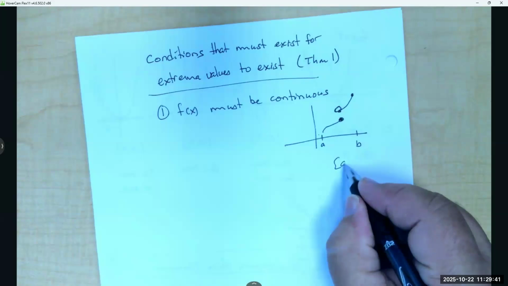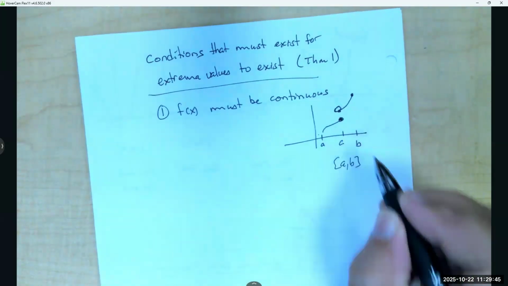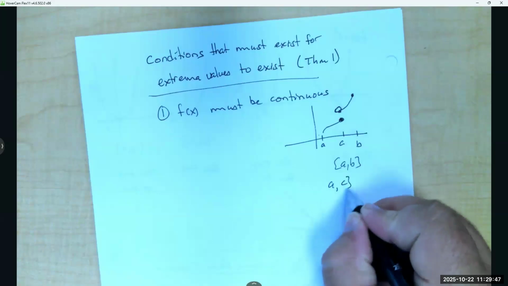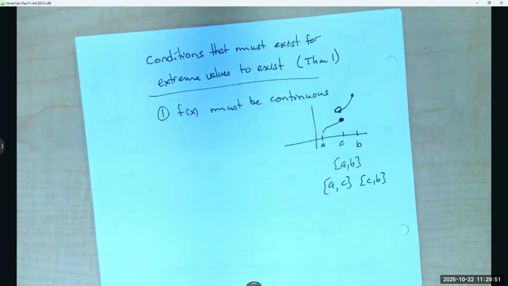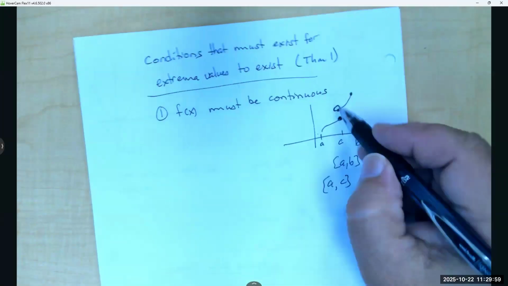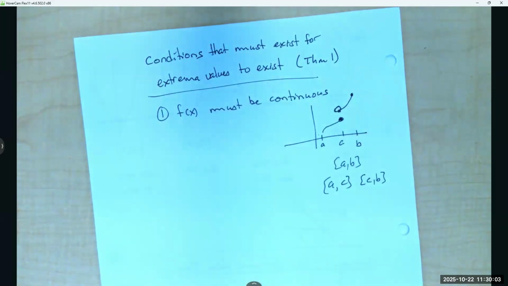Our interval is no longer A and B. Our interval is now A to C and C to B. Now we have maximums and minimums. So the function has to be continuous. If it's not continuous, then we cannot be sure about a maximum or minimum existing.